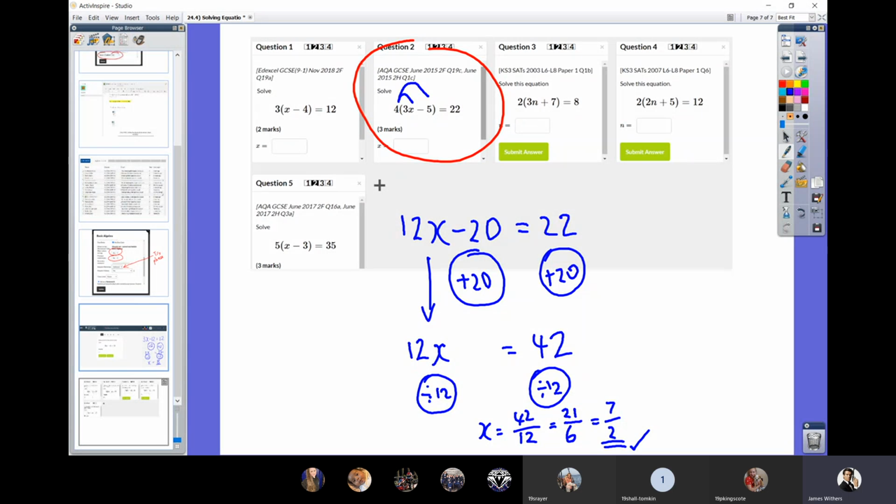So what I suggest you do, if you struggled with these last lesson, why don't you just pause this video at this point when you play it back, copy out any of these questions from last lesson if you haven't got them written anywhere else, and just have a go at these. And then I can mark those.